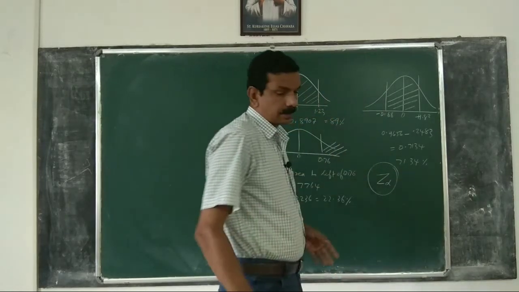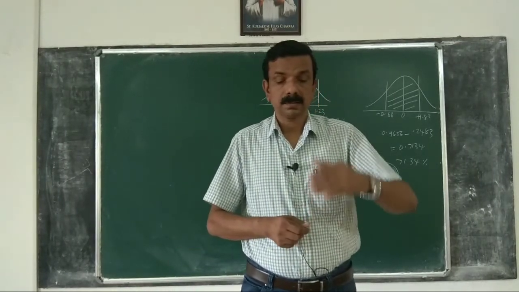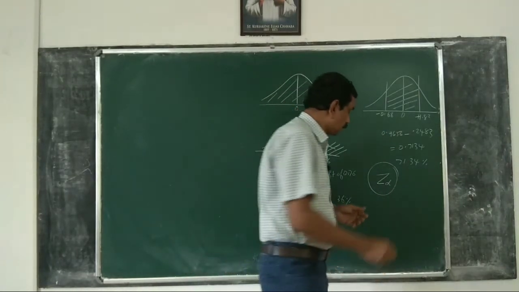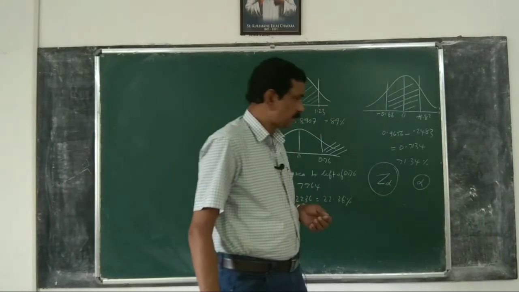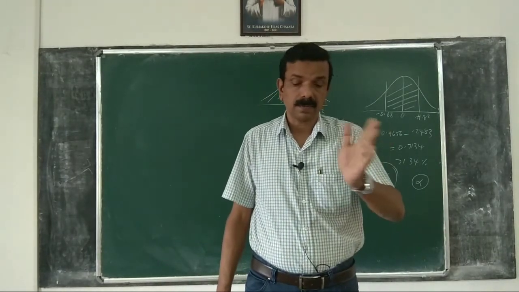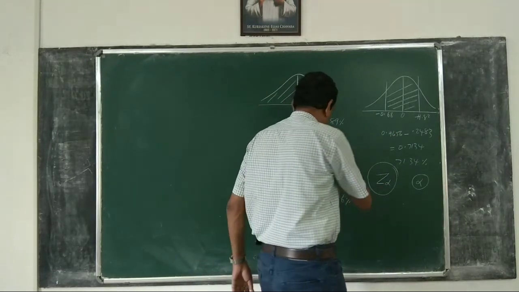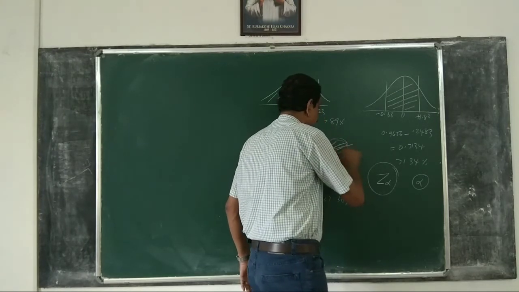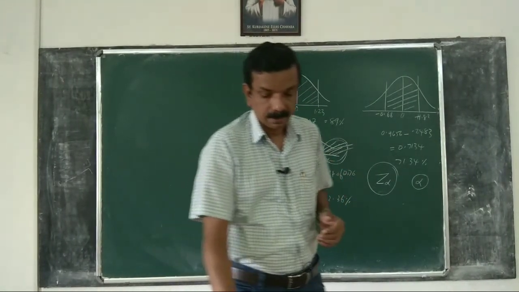The notation is that the symbol Z alpha is used to denote the Z score that has an area of alpha to its right, under the standard normal curve.